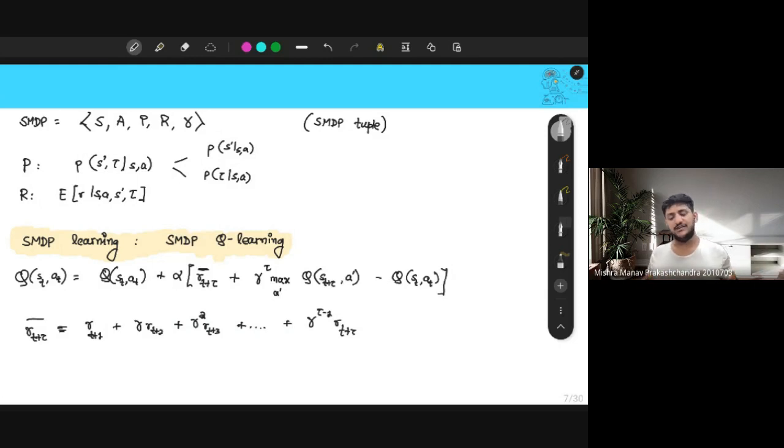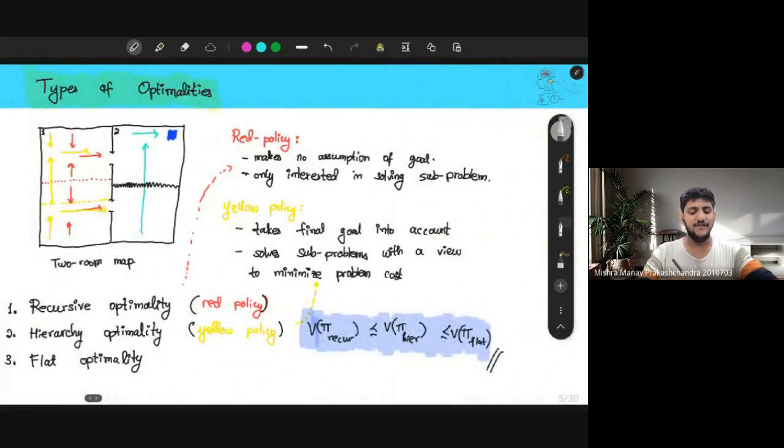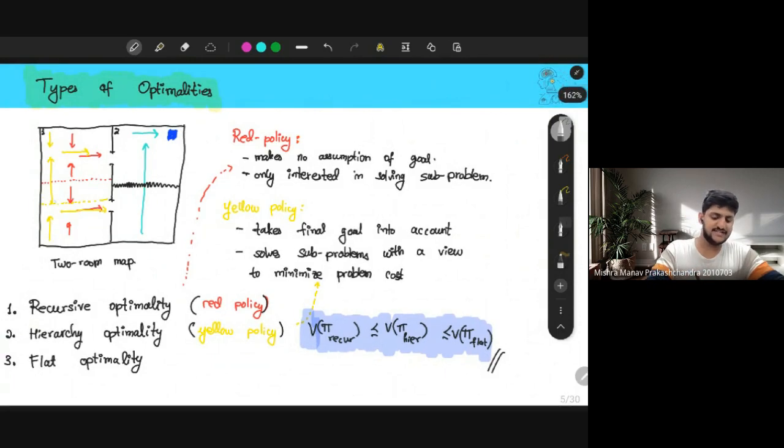So this is the definition for the reward function. If I go back to the original problem, whenever I'm trying to execute a policy, let's say I'm following the yellow policy. Let's say I start from here, and I want to exit room one. That's the state I have based on the SMDP.